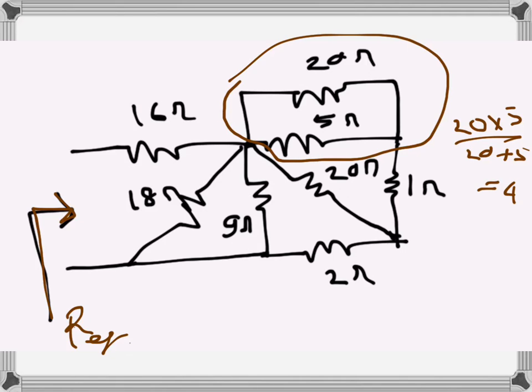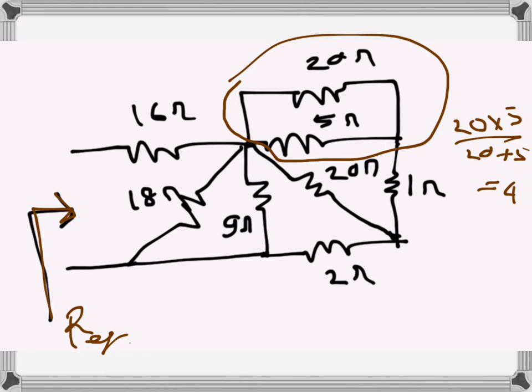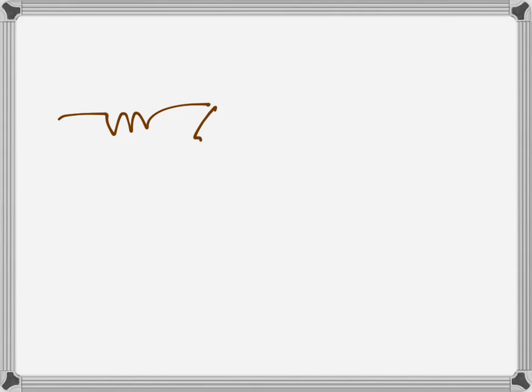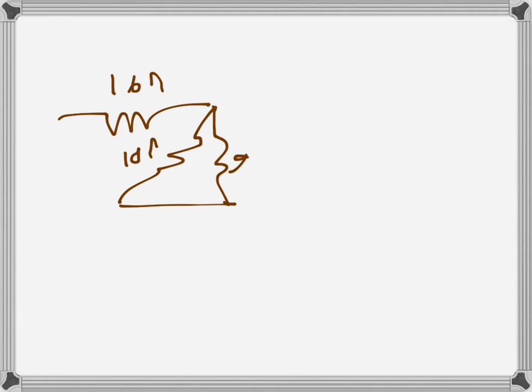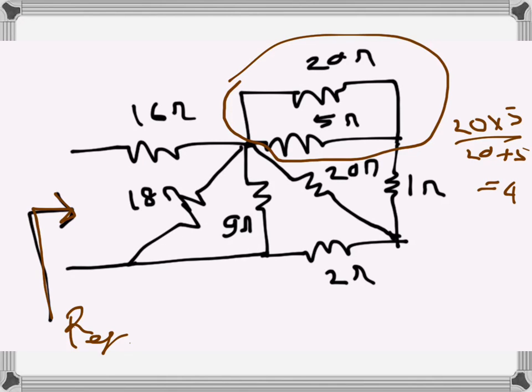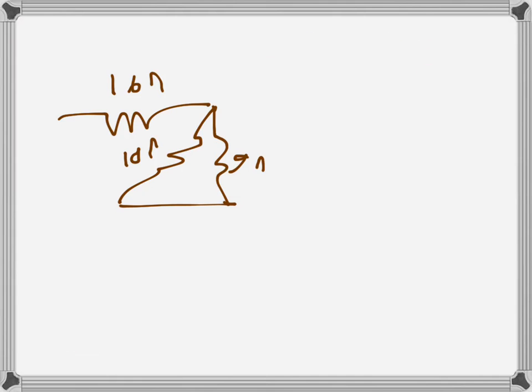So I will redraw the circuit. That will be 16 here and 18, 9, 18 in this direction, then 9. So that's 16 ohms, 18 ohms, 9 ohms, and then 20 here.